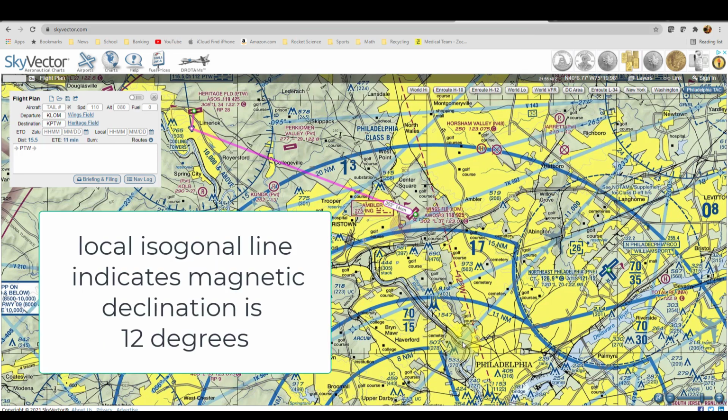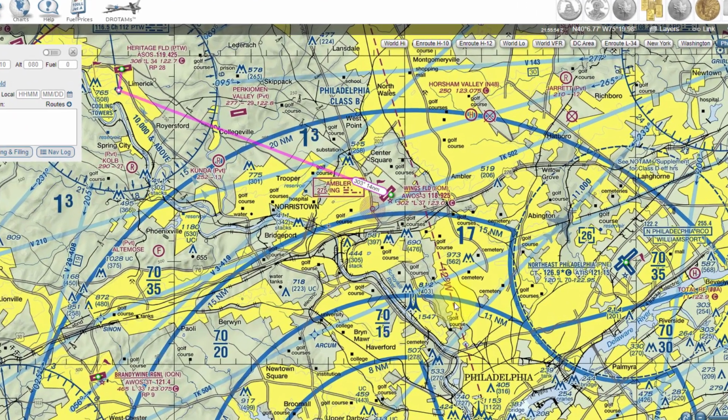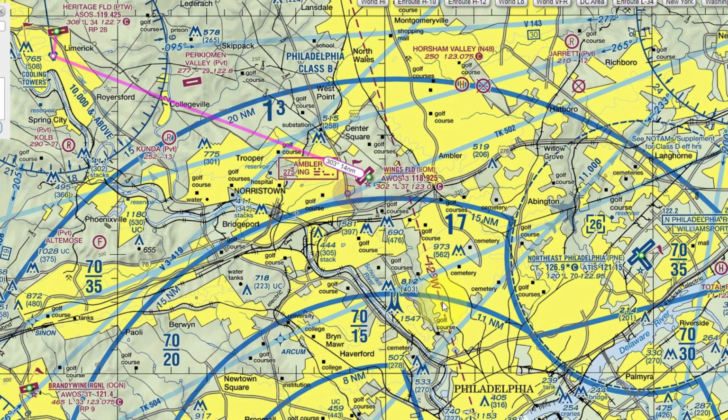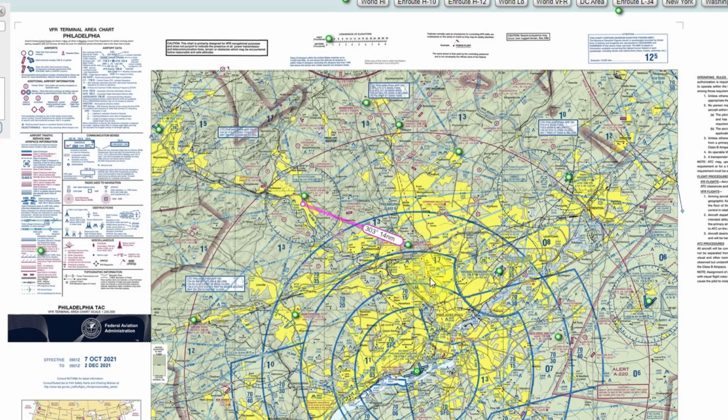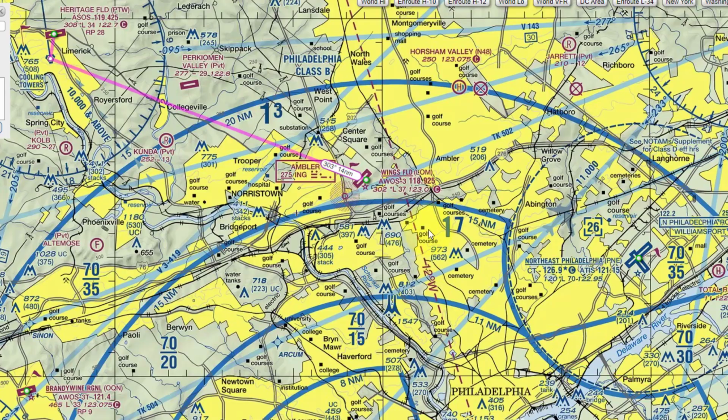So we calculated the true heading, but we actually follow the magnetic heading, and that's 12 degrees is what it says right there. 12 degrees is the correction. So it doesn't change anywhere here in Pennsylvania. It's pretty much 12 degrees everywhere. You'd have to go pretty far outside to actually see that change, and it's not visible here on this particular map. So we'll just use that 12 degrees to make that adjustment in all of those angles.